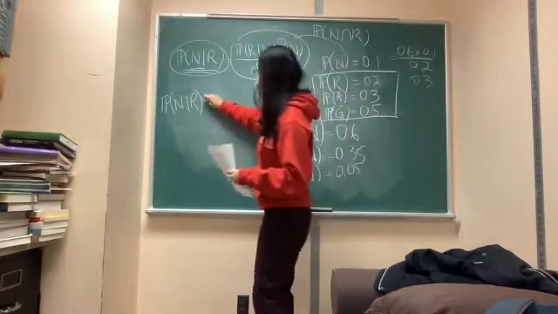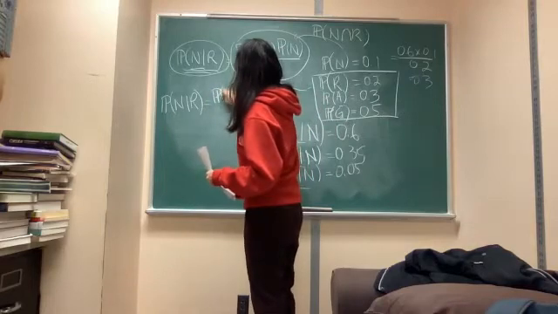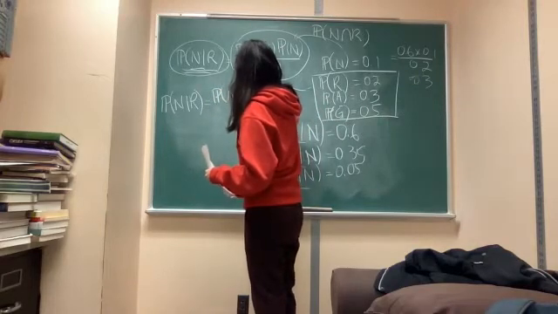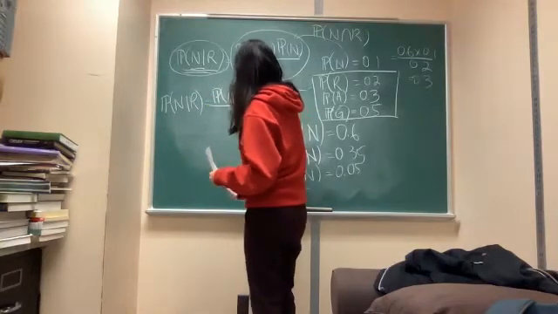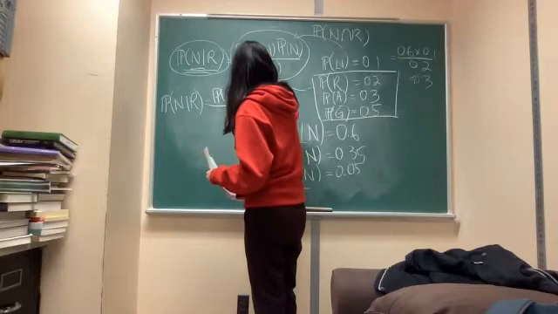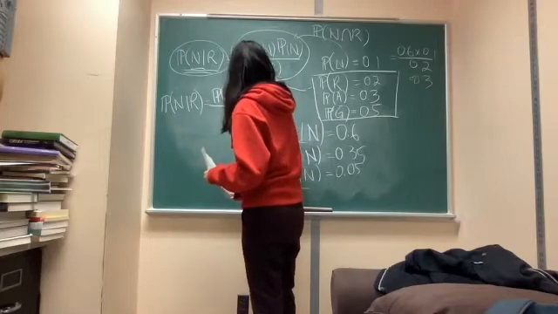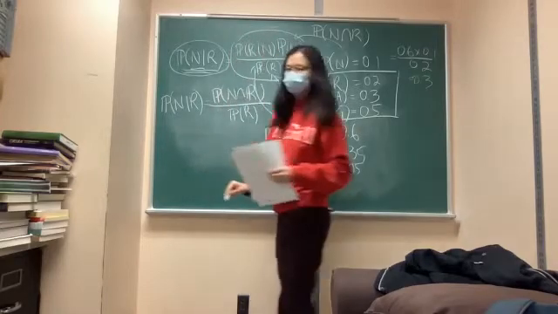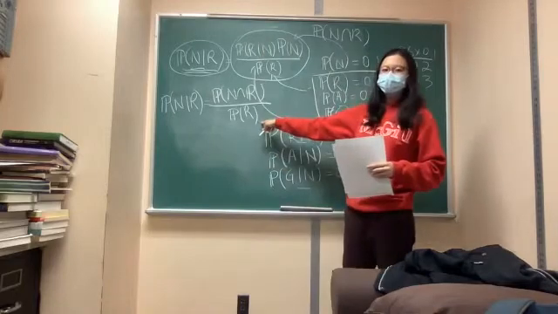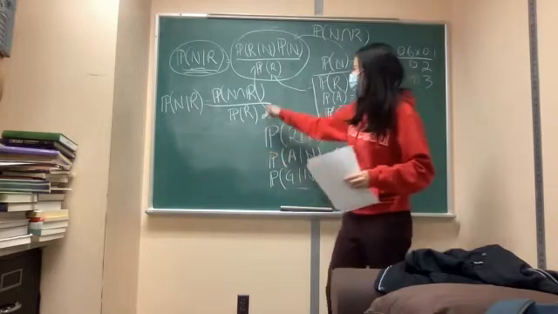by definition equals the probability of n intersection R divided by the probability of R. Does this make sense? Okay.